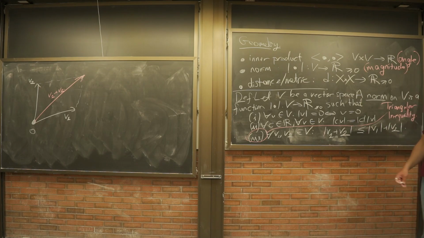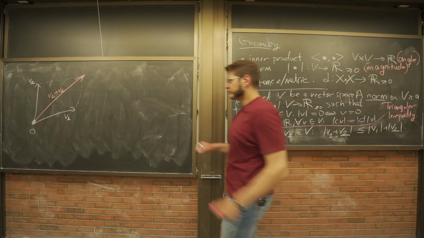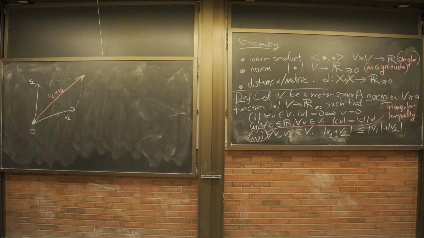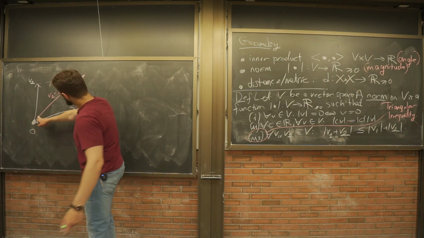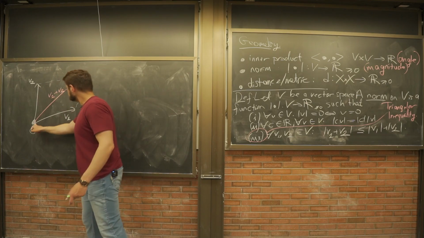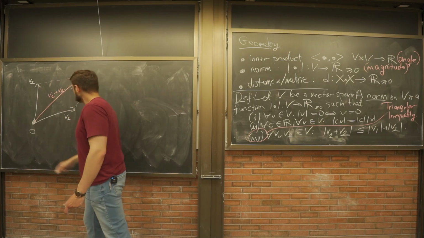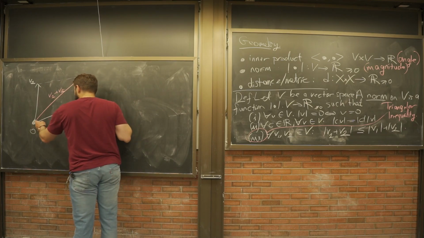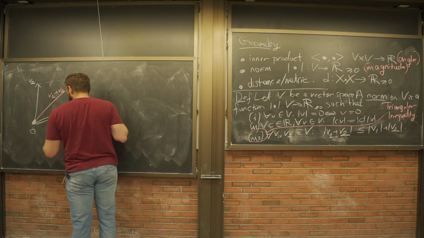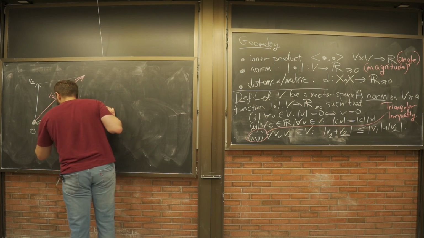OK. Now, I told you that the norm of a vector is supposed to be the magnitude, so the length. So that, for instance, I can look at this triangle over here. In this triangle, this side has length V1 norm.